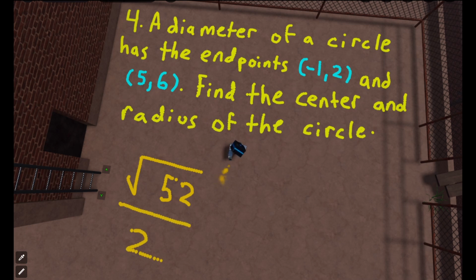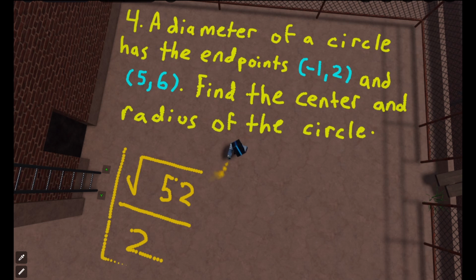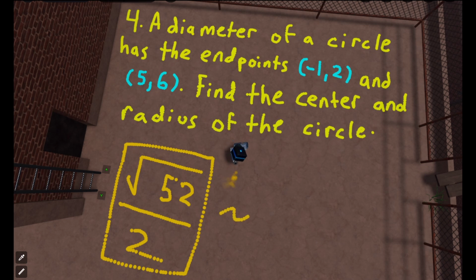Because when we had the circle, let me just draw it again, and we had the distance between the 2 points on that diameter, we need to take half of that to get the radius. So this is our radius of the circle, square root of 52 over 2. And if we put that into a calculator, it's roughly 3.61. So that's the radius of our circle.